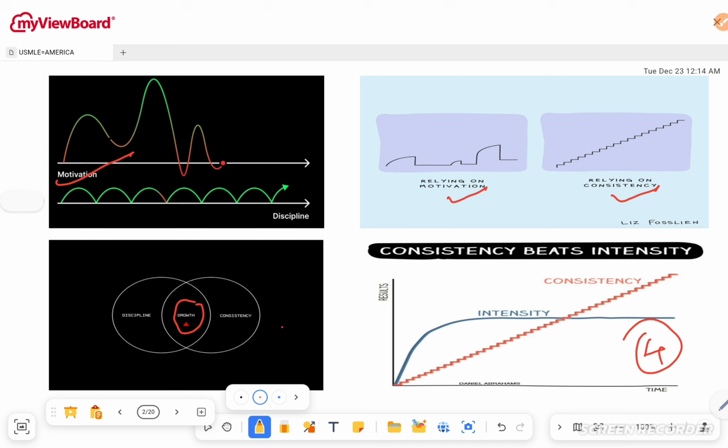Intensity means we wait for the exam, and if the exam comes nearer, then we start preparing, and we start studying throughout the night. That shows intensity. Okay. And what is consistency? Consistency is making small efforts daily in a proper time frame. All these things, motivation, discipline, consistency, and intensity, can give results.